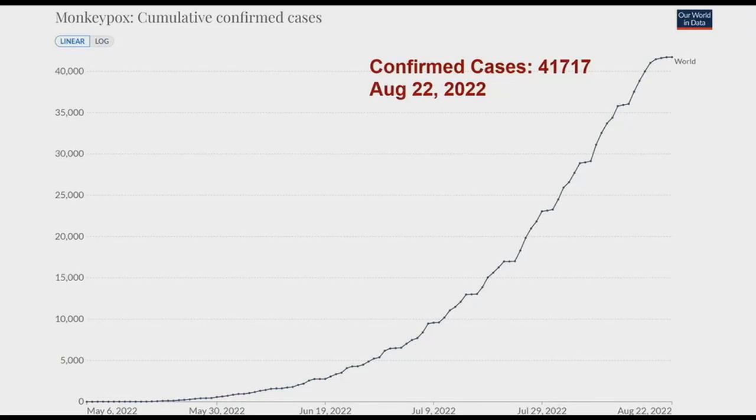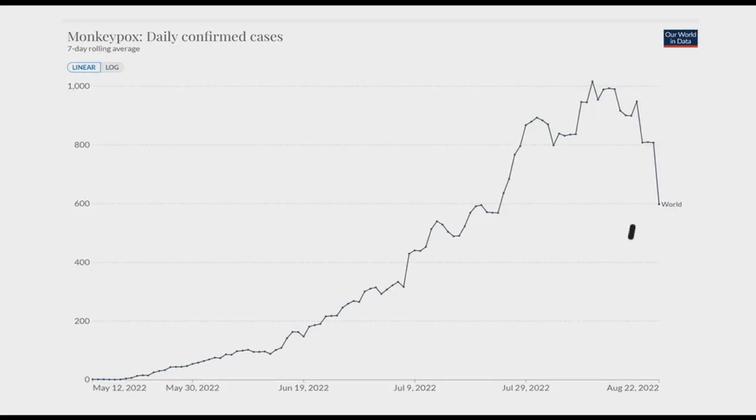Let's check the latest data from our own data. The confirmed cases are about 41,000 as of August 22, 2022, meaning the cumulative cases. But there is some good news.